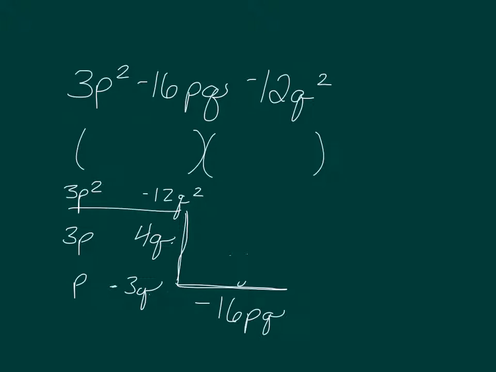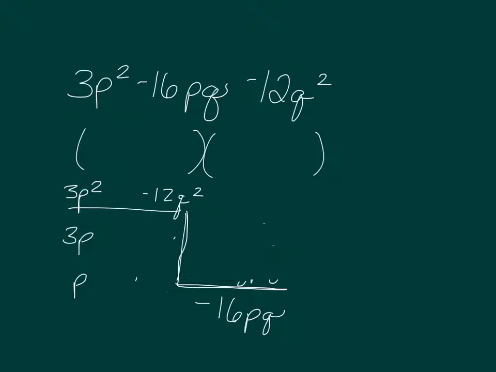Let's make the 3 negative maybe. So 3 times 4 is 12Q. 3P times 4 is 12PQ. And P times negative 3Q is negative 3PQ. 12 minus 3, that's not 16. So something else is wrong here. 3 and 4. Probably can't use 3 and 4. Let's see, what else could we use?